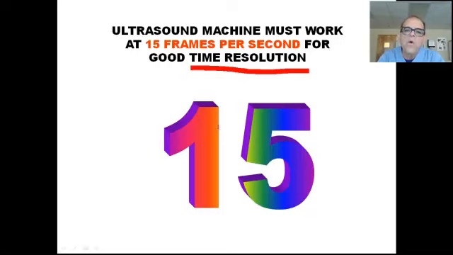This is different from normal ultrasound of the liver or the kidney, where good time resolution is not as important as in echocardiography. 15 frames per second is the minimum to have a good time resolution.